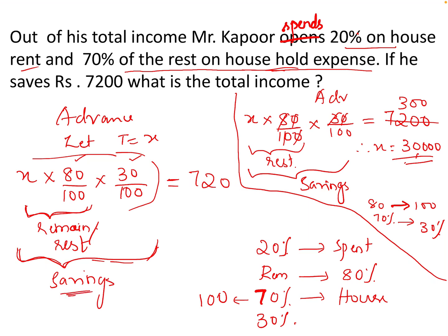That is equal to 7,200. So now after cancelling, we get x is equal to 30,000. Hope you have understood. So in one line we can solve this problem. Next, coming to the next problem.